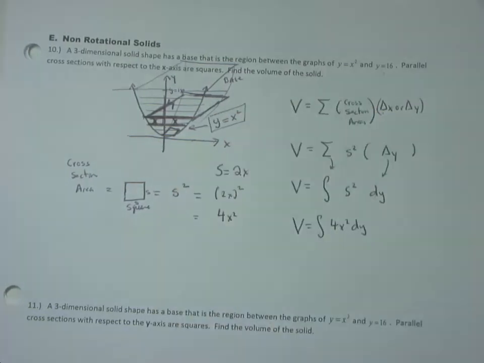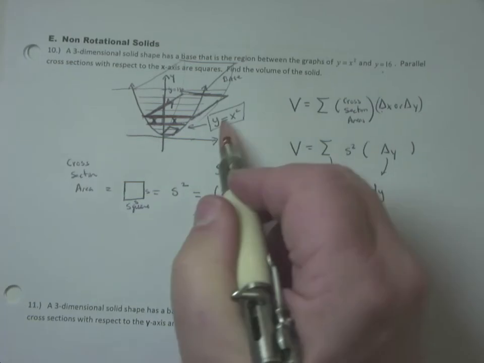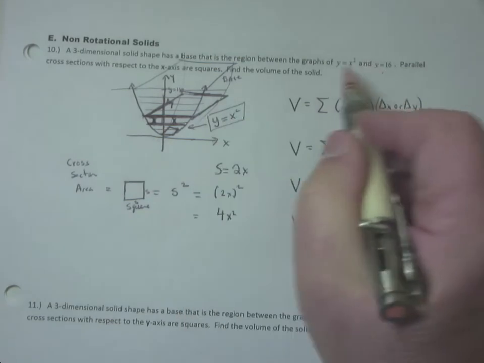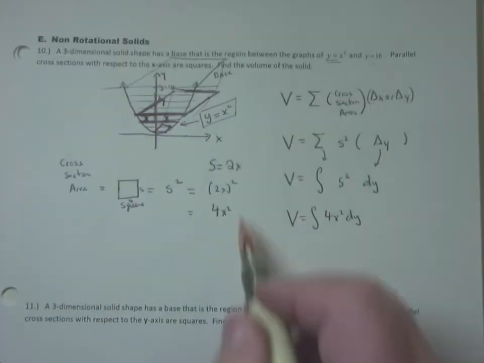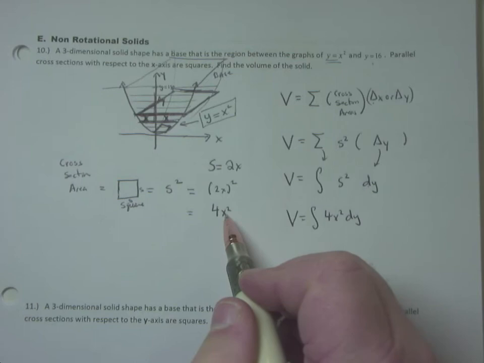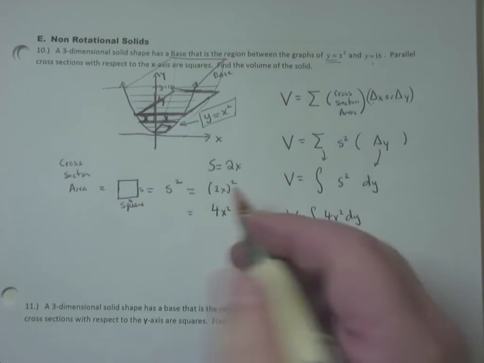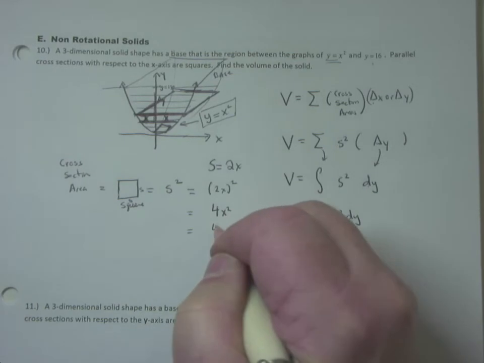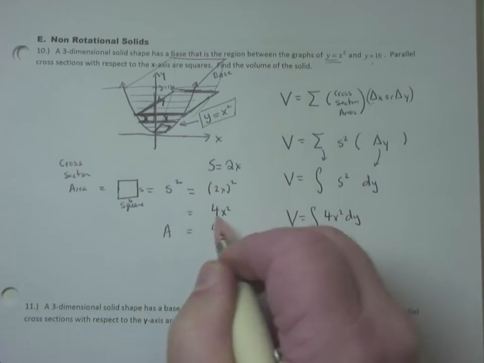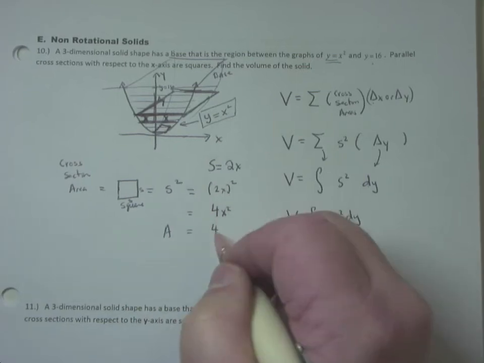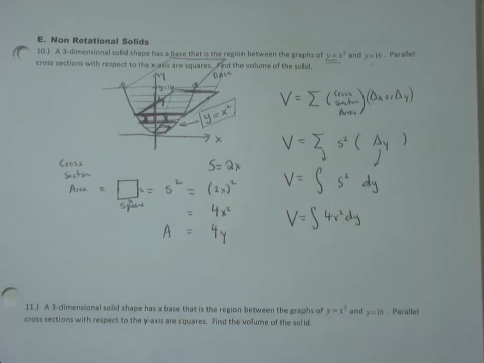That base equation that sets up your base is your conversion variable equation. Does that make sense? So if y equals x squared, as was given, and I've got x squared, guess what I get to replace x squared with? y, because y equals x squared. So your area, which was 4x squared, when you clean it up will actually be the same thing as 4y. Does that make sense?